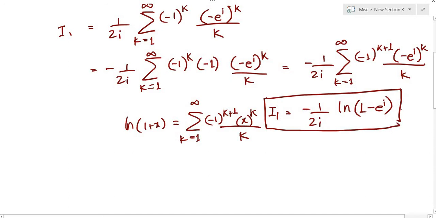Let's do I2 with a similar approach now. So what's I2? I2 is basically, well, we can take the negative 1 over 2i. The negative was included in I2, times the sum from k equals 1 to infinity of, well, we have e raised to negative i times k divided by k.